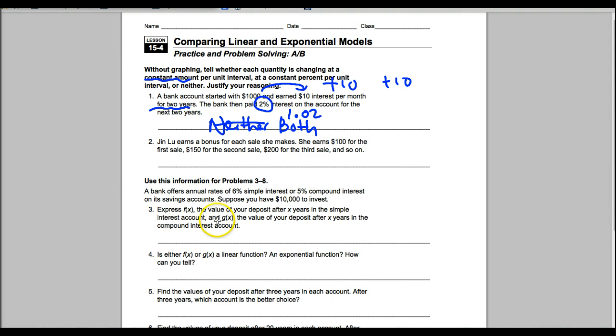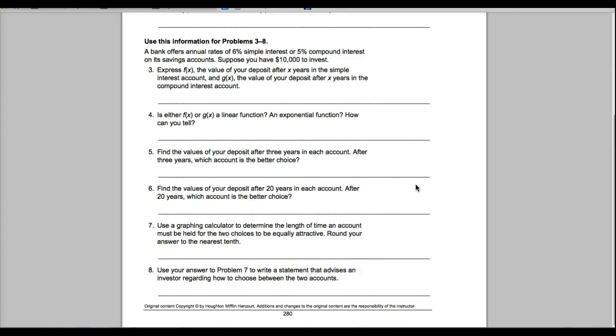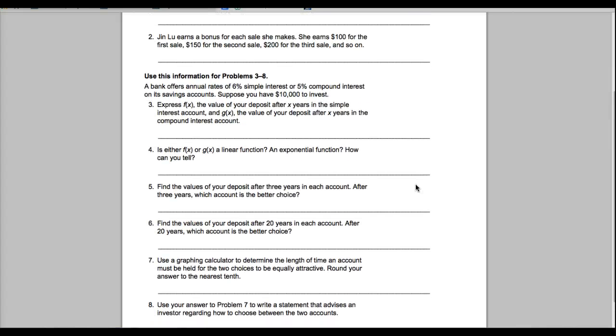Question number 3. So this is the one that I wanted to work on because this is pretty much your test item. Remember I told you there's going to be one open-ended question where you have to graph and everything. So let's see. A bank offers, you know what, I'm just going to give you the answer here.